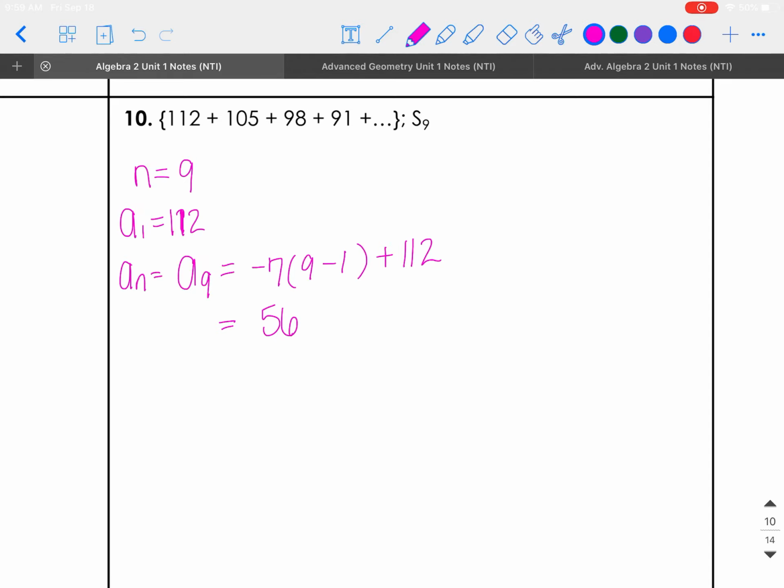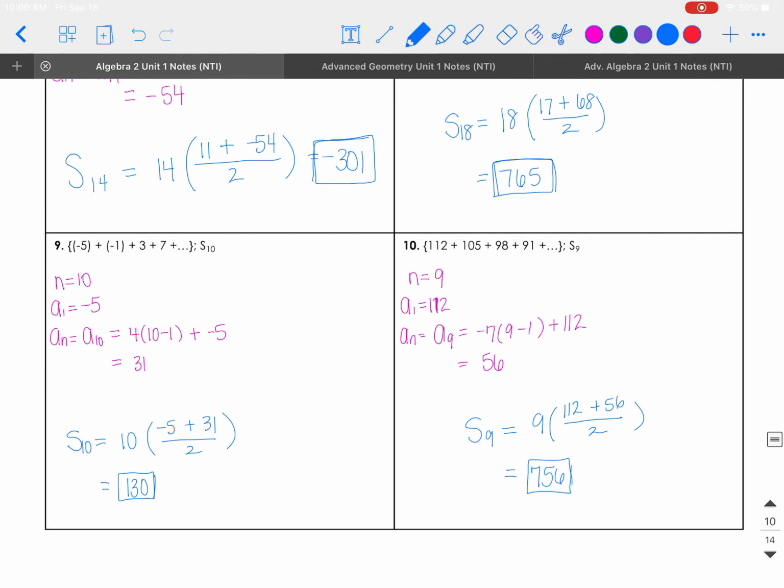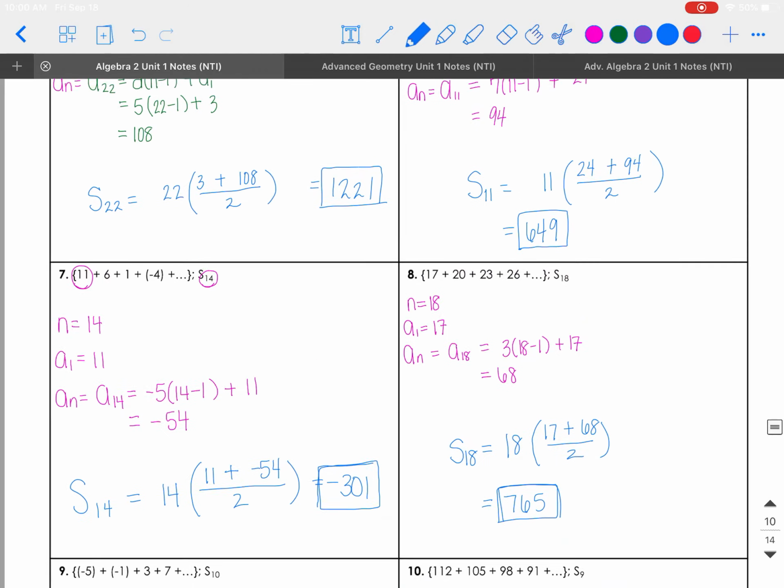We get 56. So when I plug into the formula, I get 756.